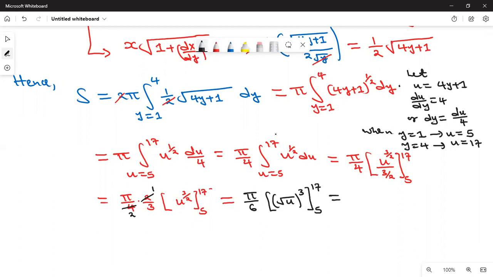And so when you plug in those limits, you're going to get pi over 6 times, the first one is root 17 cubed, minus root 5 cubed.